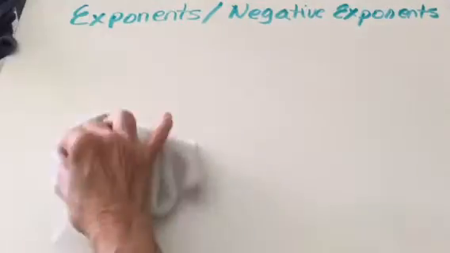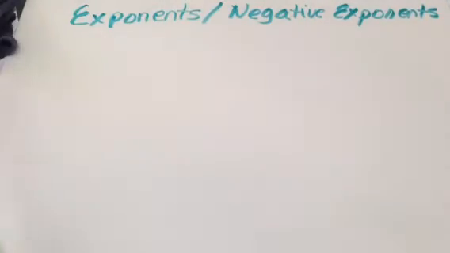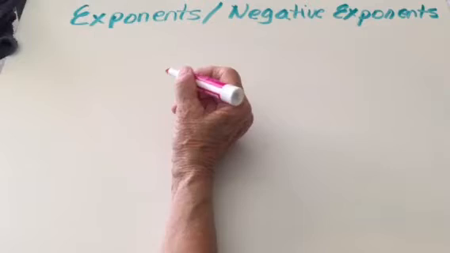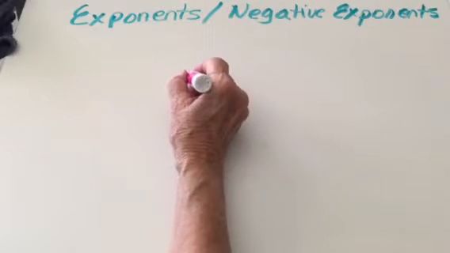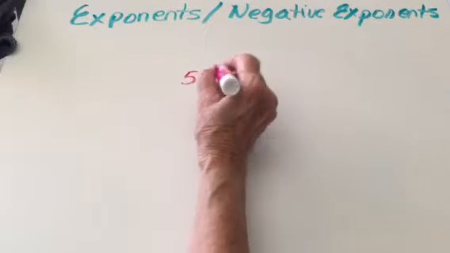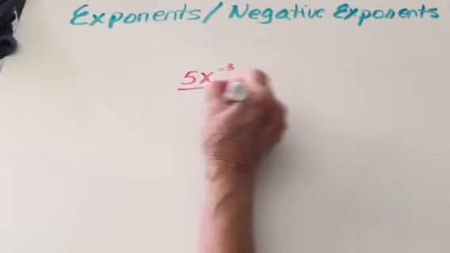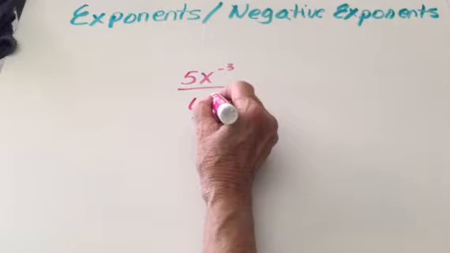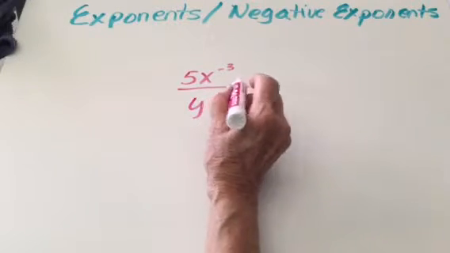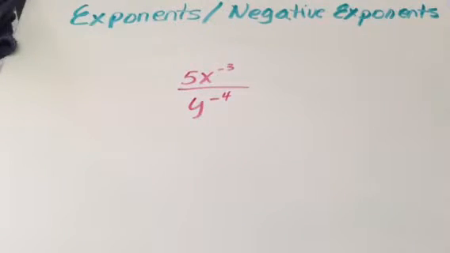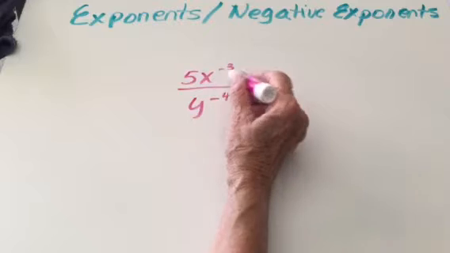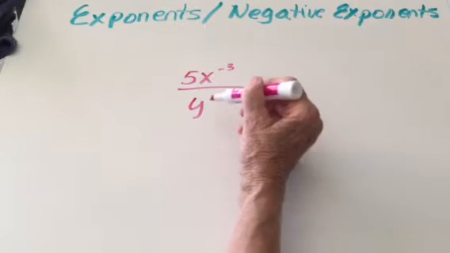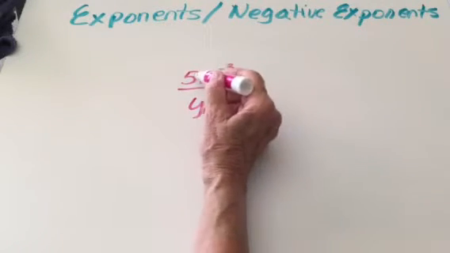Well, no, I'm going to do a backwards one here. So what if I say 5x to the negative 3 divided by y to the negative 4. Now what's the problem? Now I've got a bunch of negatives. So I have to put this guy down here, and I have to put this guy upstairs. What about the 5?